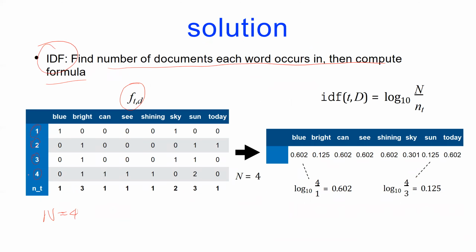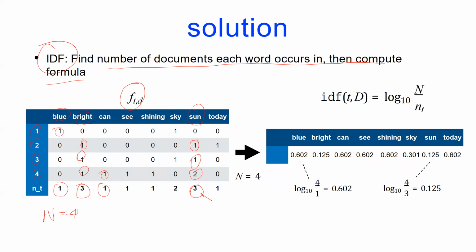Then we ask how many documents contain a particular term. For blue, only 1. For bright, we have 1, 2, 3, so 3. For can, 1, and so on. For sun, it appeared in document 2, document 3, document 4, so 3 documents contain it.